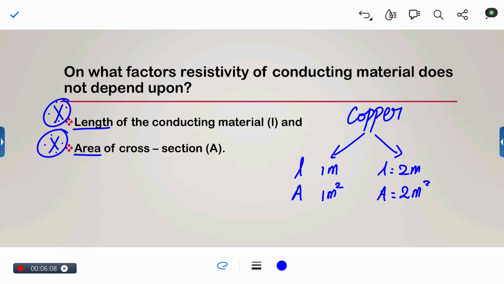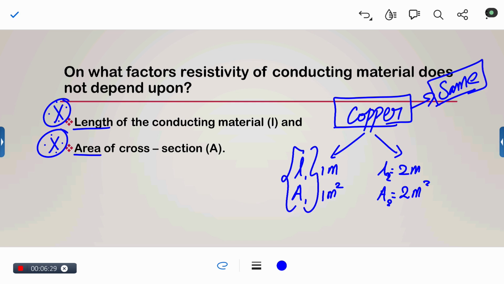They will ask what will be the nature of the resistivity. The resistivity remains the same. Why? Because both the wires are made up of copper. Since the nature of both the wires is the same, the resistivity is also the same. Reason: it does not depend upon the length as well as the area of cross section, whatever values may be given.